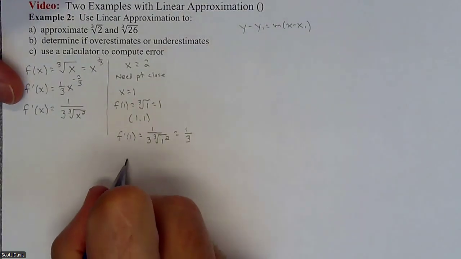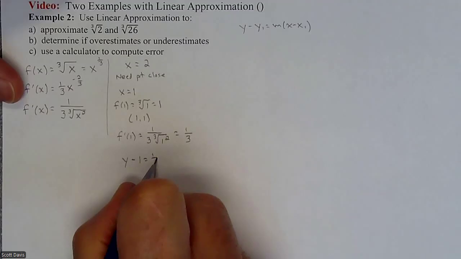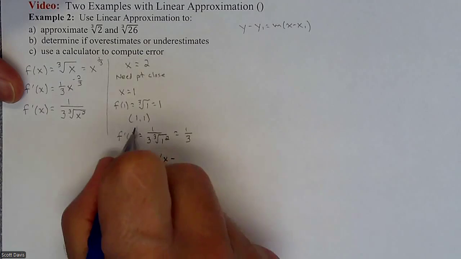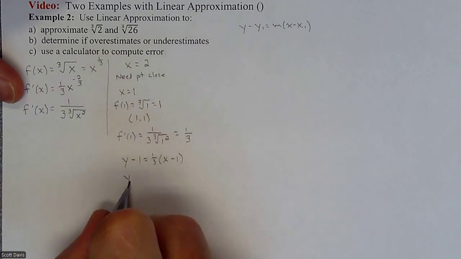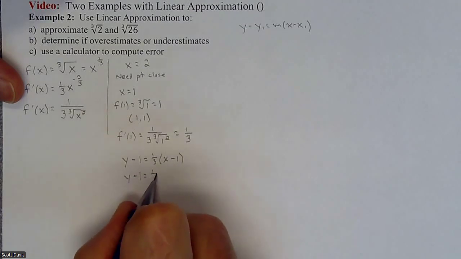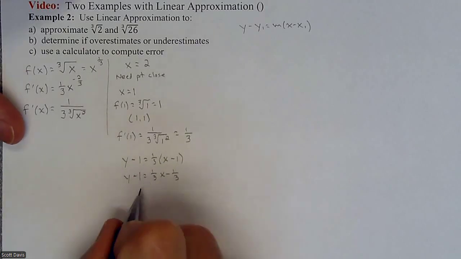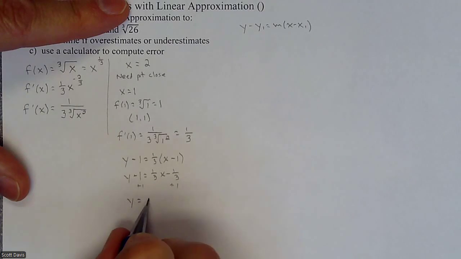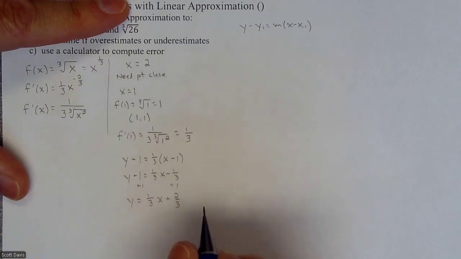So then I can build my tangent line. So y minus my y1 equals 1/3 times x minus my x1. So I distribute, and I get 1/3 x minus 1/3. And if I add 1, I'm looking at y equals 1/3 x plus 2/3. So there's my tangent line.